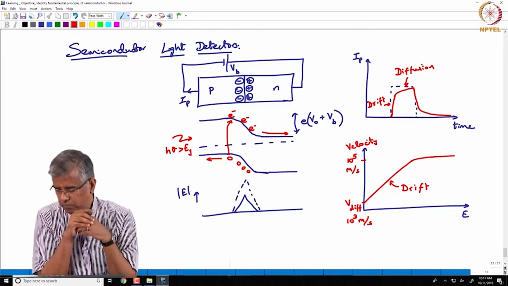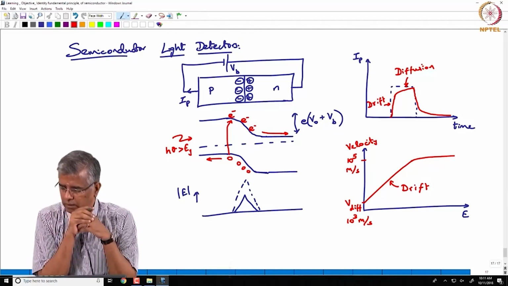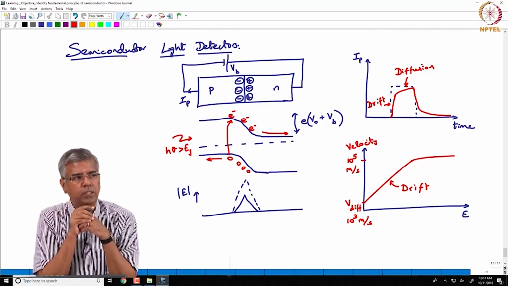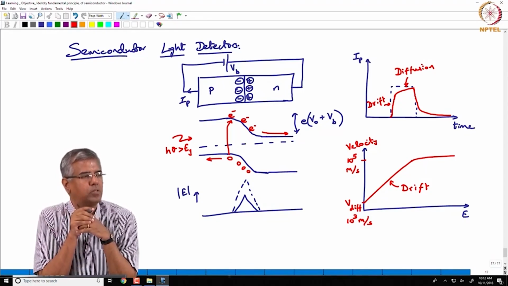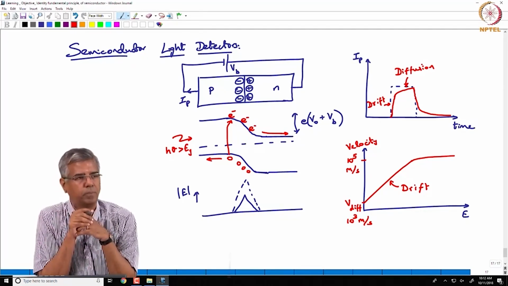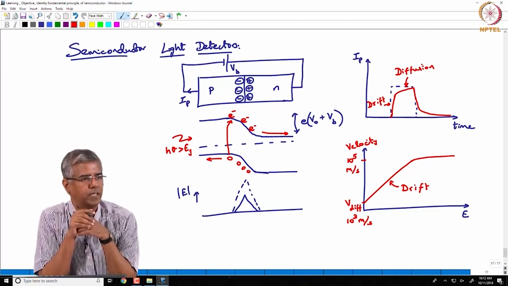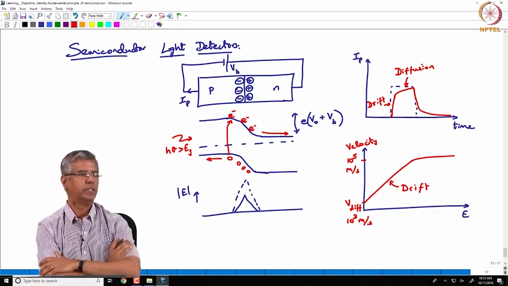So, you can say that diffusion is going to be a process that limits the response of your photodiode, which is based on just a p-n junction diode. Do you understand this? Right.